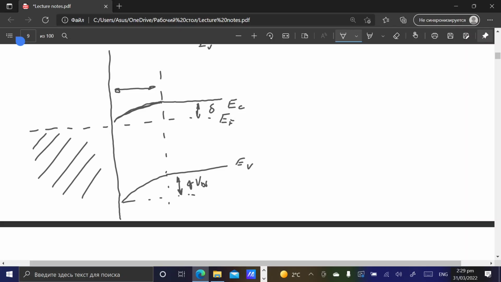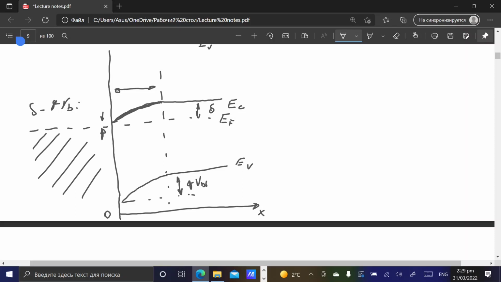So now it's delta here in the neutral region, but for coordinate x equal to 0, this will be very small, and it will be delta minus Q times VBI. So what does it mean?